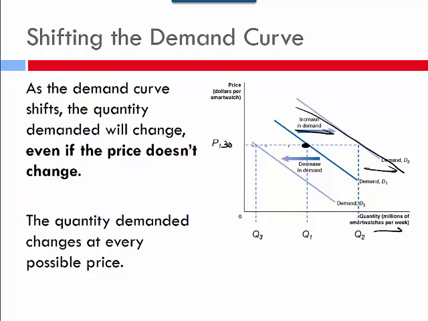And so the price is still $300, but now instead of selling 300, I'm selling 500. Or the opposite could happen. So the quantity demanded is changing at every single price point, and that's what's important there.